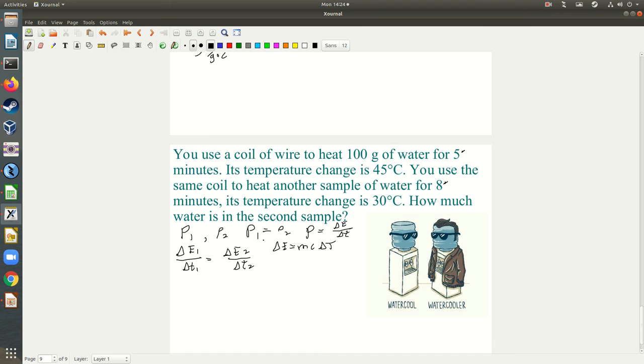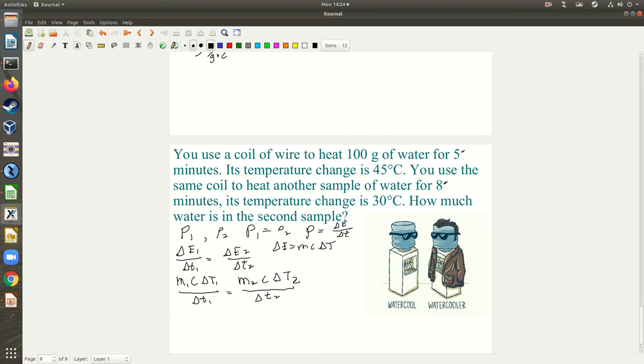So, anyways. Well, okay, so I know MC delta T, so I'm going to make that substitution over here. All right, so we have M1 C delta T1 over little delta T1 is equal to M2 C delta T2 over little delta T2. I make sure the delta is a capital because we have two different ones here.